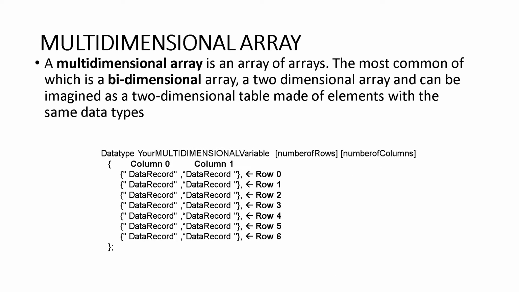As you can see in the figure below, this is the pattern or the syntax when you are creating a multidimensional array. The first thing, obviously, is to invent your own multidimensional array name. Depending on the type of your project or what you're doing, that will be the name of the multidimensional array you're going to put there.